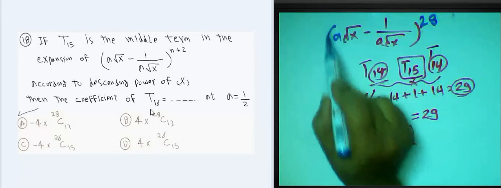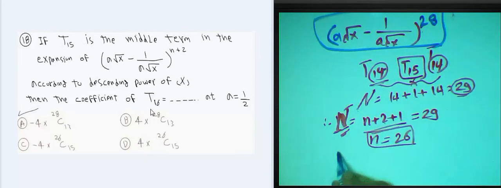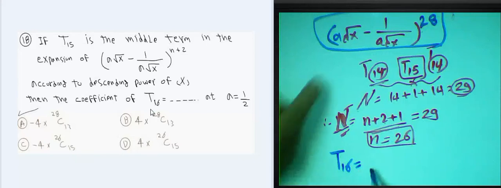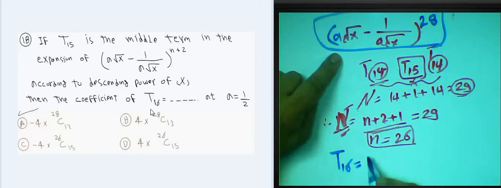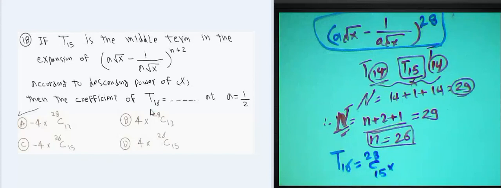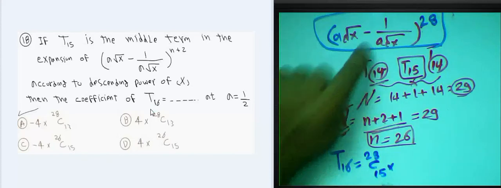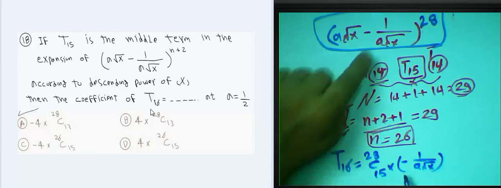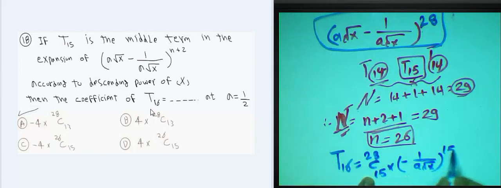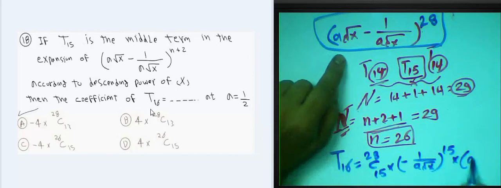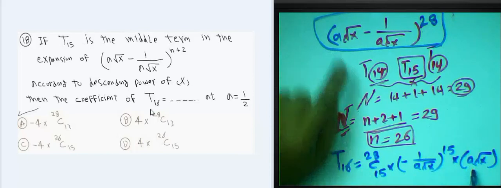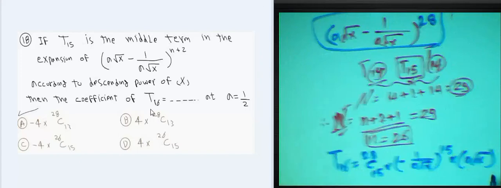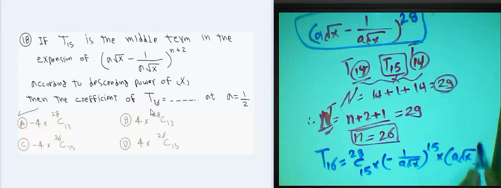Then in the expansion, we want to find term 16, which means 28 combination 15, multiplied by the second term, -1 over a root x, to the power 15. The first term, a root x, has power what? The difference between 28 and 15, subtracting them, is 13.